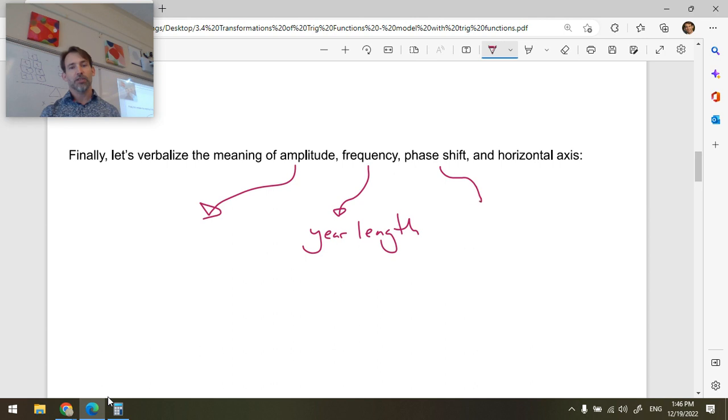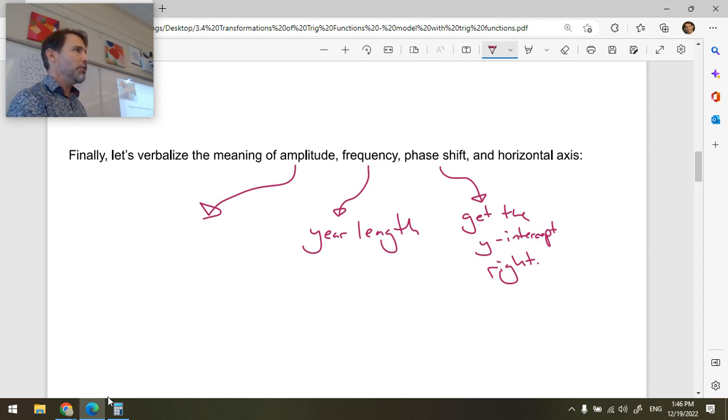The phase shift is just getting the y-intercept right. We could have, of course, put this in as D is 0 and have April be 1 and used sine, and then it would have started at the midline and gone up for April.